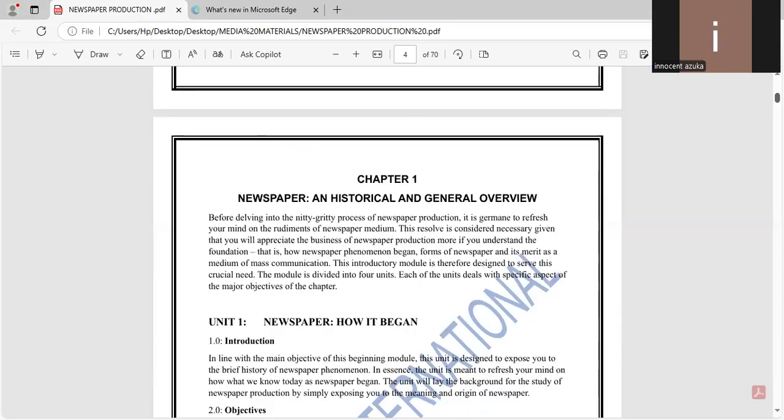So under newspaper production, let's look at how it all started.